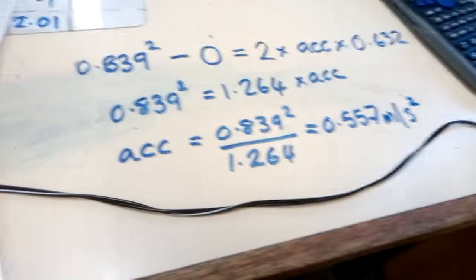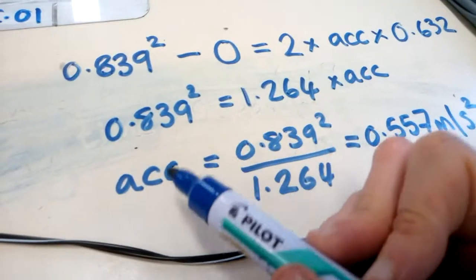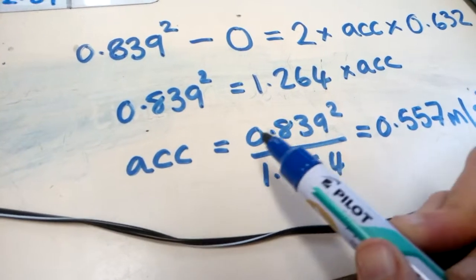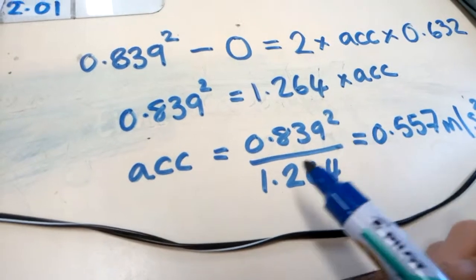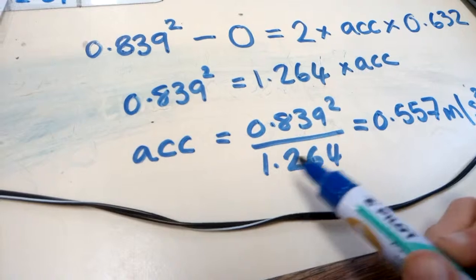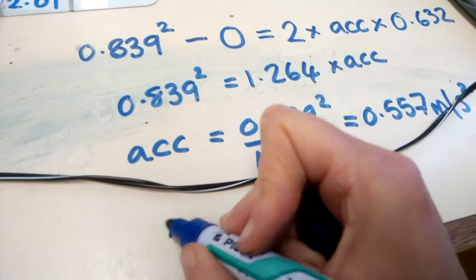Now, if you're going to do this for all of your results, can you see that after I rearranged it, it was just acceleration is equal to the speed it gets to, the final speed squared, divided by this distance. This distance always stays the same because that's the distance it went. So for my next acceleration, I got my next final speed to be 1.1.